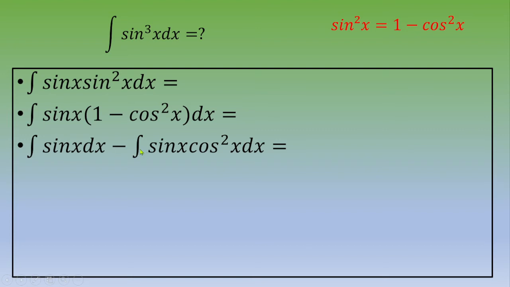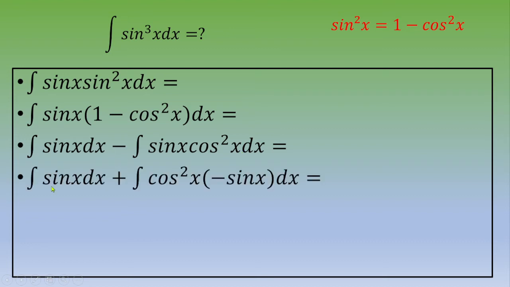So you want to modify just a little bit the second one, and you obtain, for the second integral, cos squared x times negative sin x dx. We did that because now we've got a function and its derivative.